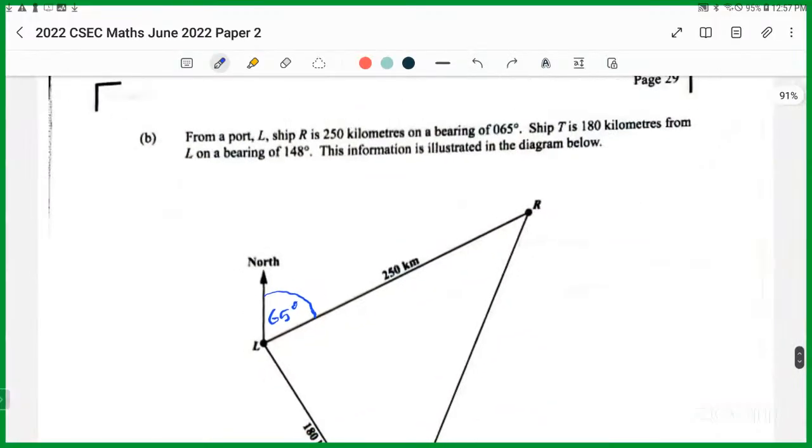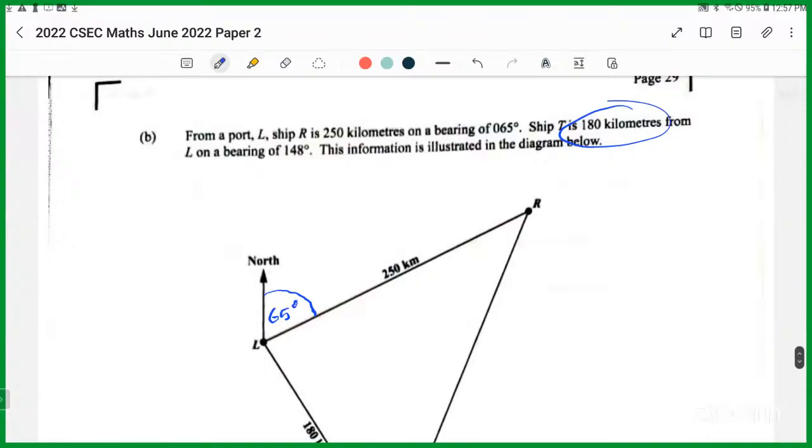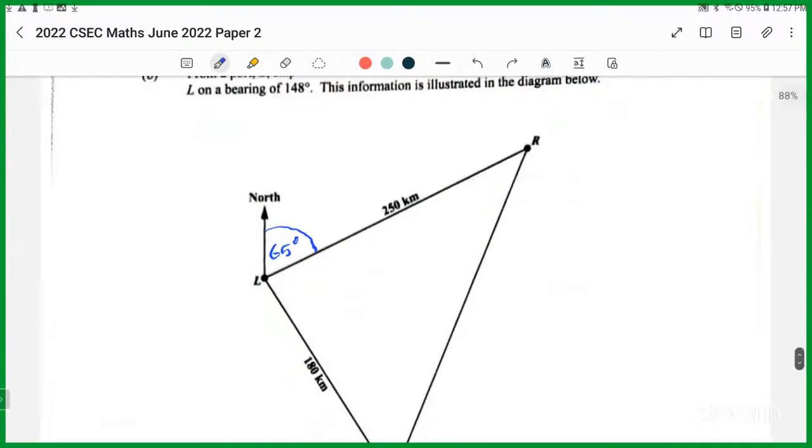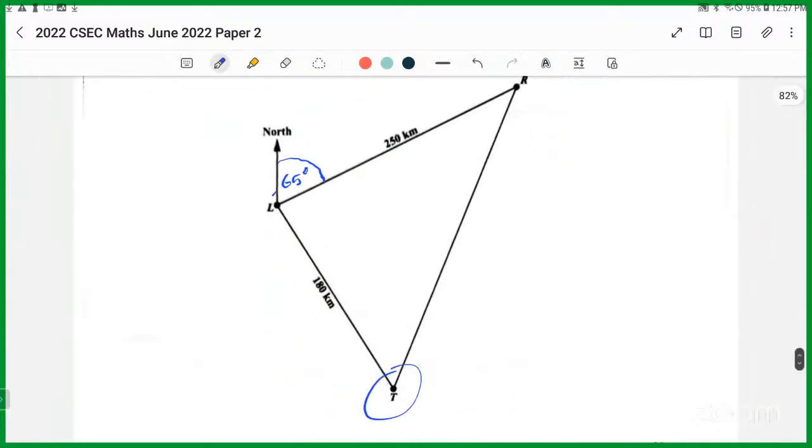Alright, it says ship T is 180 kilometers from the same L, and that one is on a bearing of 148 degrees. So see here, ship T from here is 180 kilometers, 148 degrees. So the bearing of this direction is 148 degrees. That's all of this angle around here.